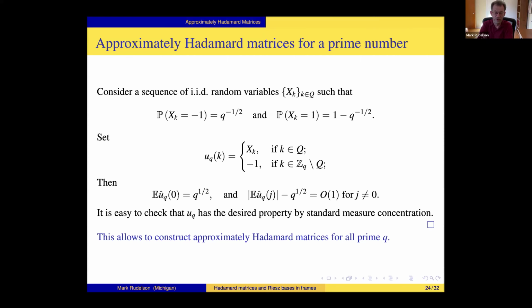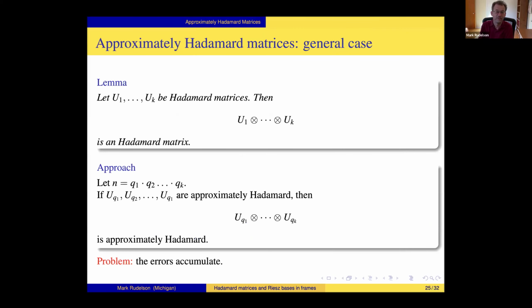Well, now we have to extend it to all possible sizes. And any number is a product of primes. And Hadamard matrices have a nice property that if we have Hadamard matrices, then their tensor products are also Hadamard. So let's take these approximate Hadamards and let's tensorize them. Hopefully it will be approximate Hadamard. They will not be.